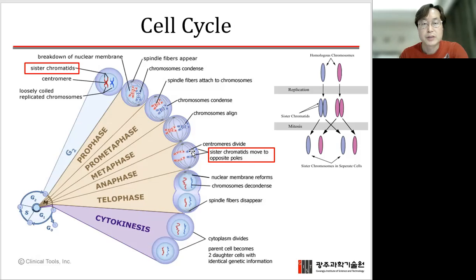And here you can see the sister chromatids moving away from each other toward the opposite poles. The right side is also showing the same process. On the top, it shows the homologous chromosomes, and then it goes through the replication process. And then you can see now you have sister chromatids, basically identical to each other. And then they will be separated and then mixed together, which is shown at the bottom after the mitosis process.